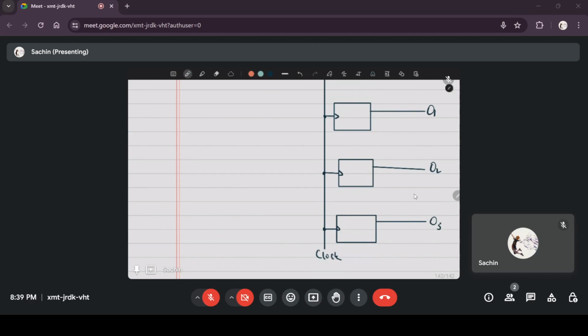There are two control signals, shift and load, and there is an input signal, so 3 signals.